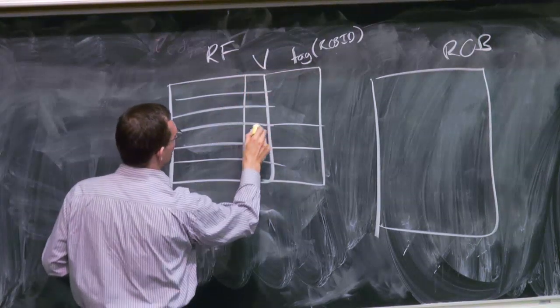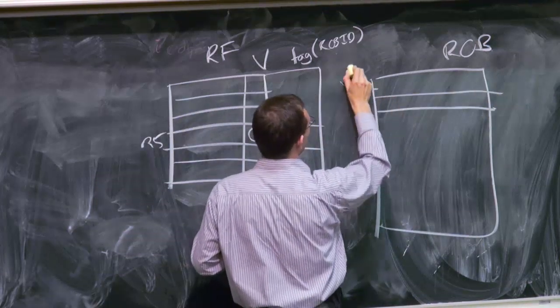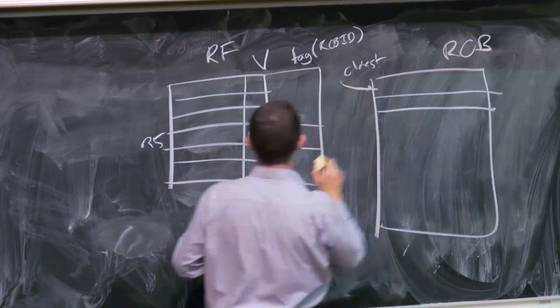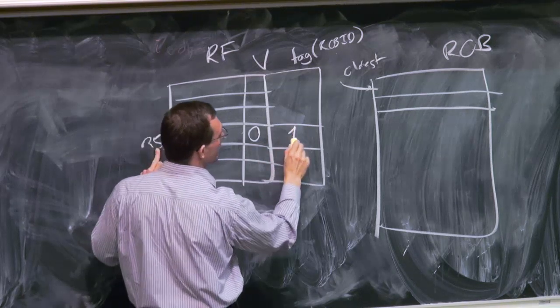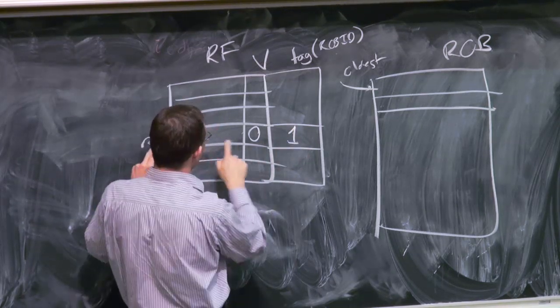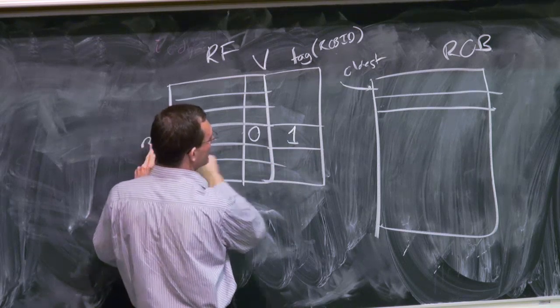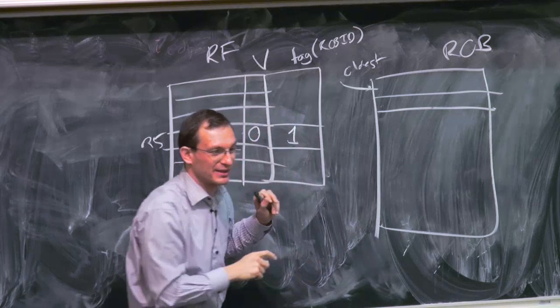Its valid bit becomes 0, and it's allocated in entry 1 of the reorder buffer. So it sets the tag of register 5 as entry 1, saying that the instruction that's going to produce the value of this register resides in reorder buffer entry 1.